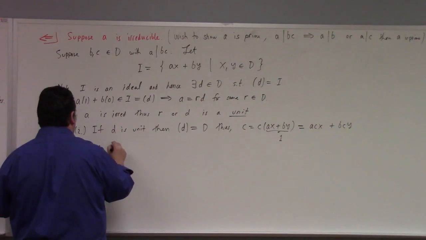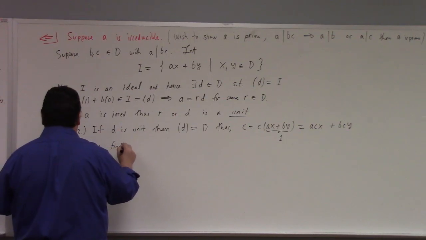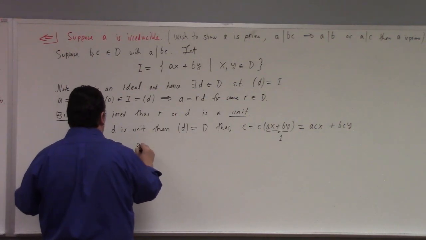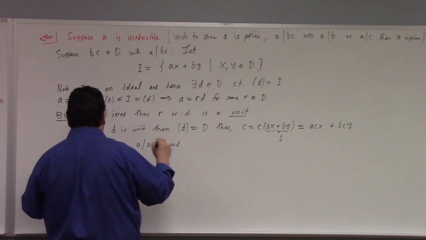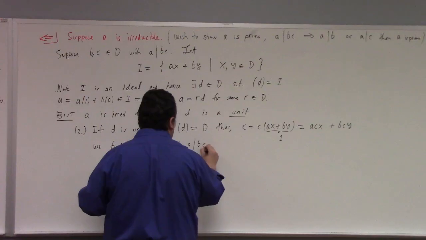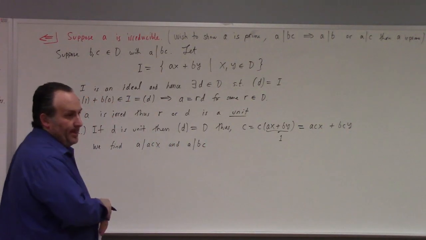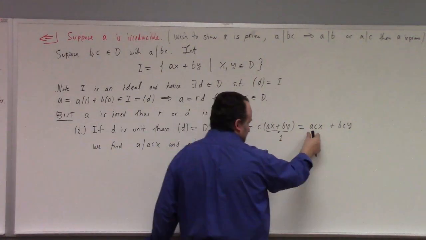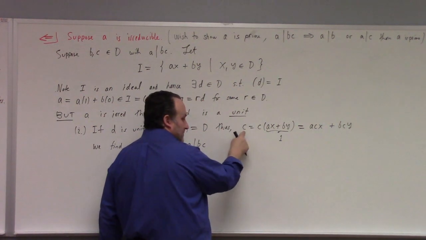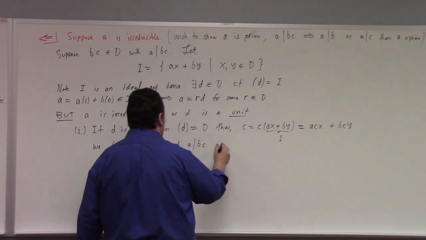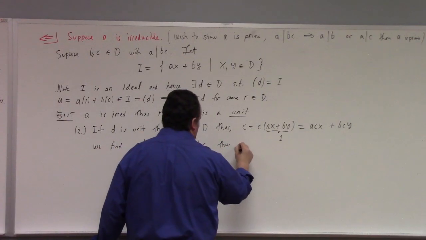We find that A divides ACX, and we were given that A divides BC, right? So if A divides this and A divides that, A divides C. Thus, A divides C.